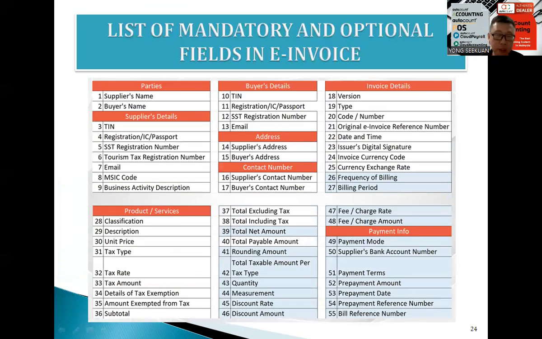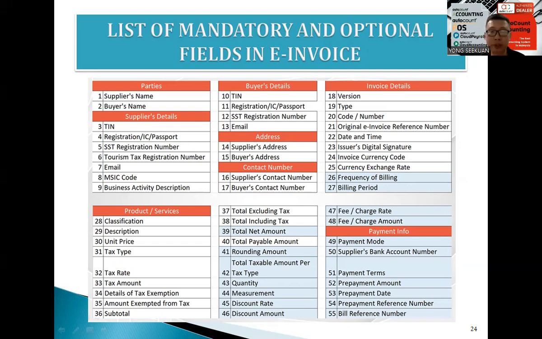So in this e-invoice, what kind of data, fields or information need to be filled in? That's why I said just now there can be an invalid invoice. Maybe some information is incomplete when you send to the government LHDN server.